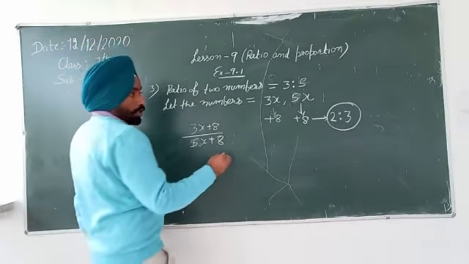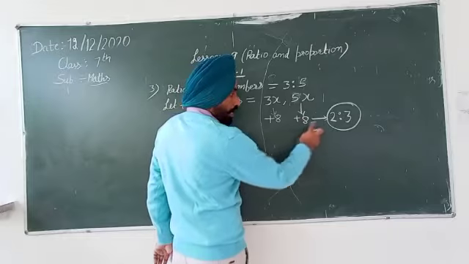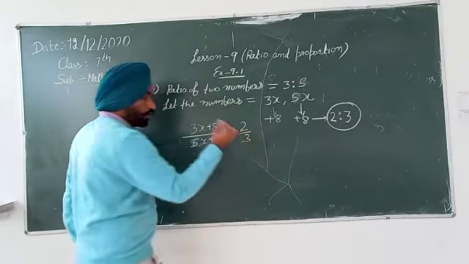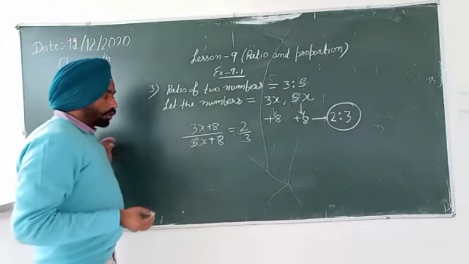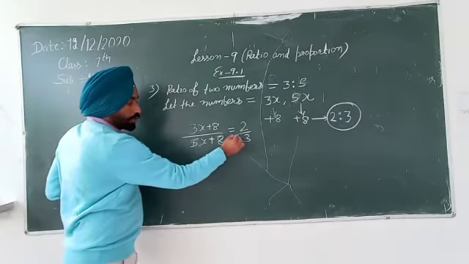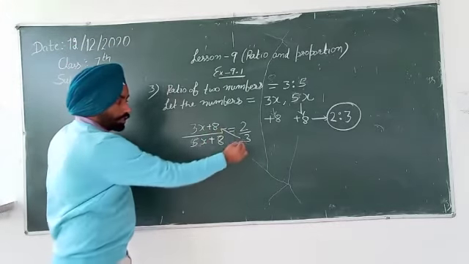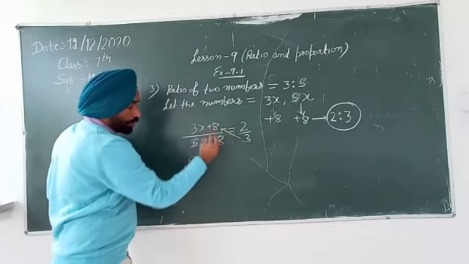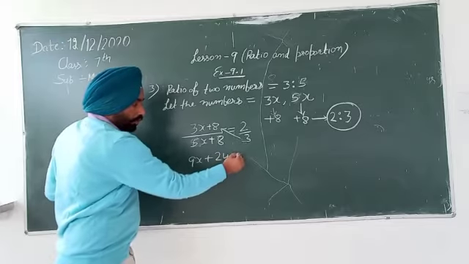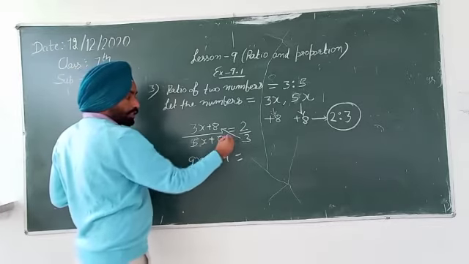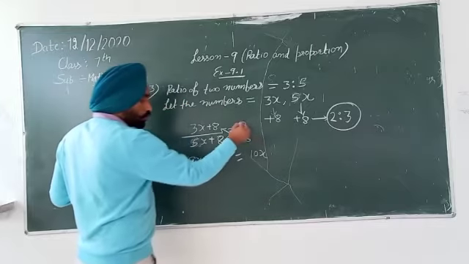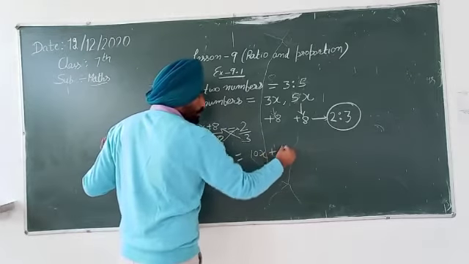And when I add 8, the ratio becomes 2:3, so it will be equal to 2/3. Now cross multiply and find x. 3 into 3x is 9x, 3 into 8 is 24, is equal to 2 into 5x, 10x, and 2 into 8, 16.